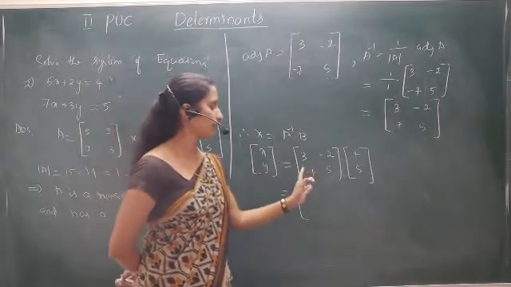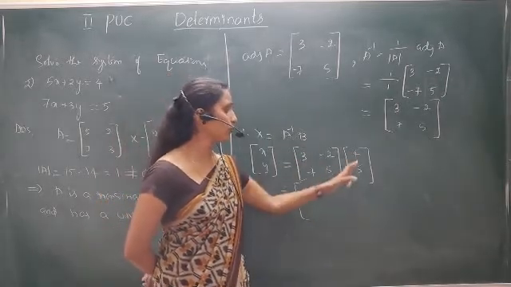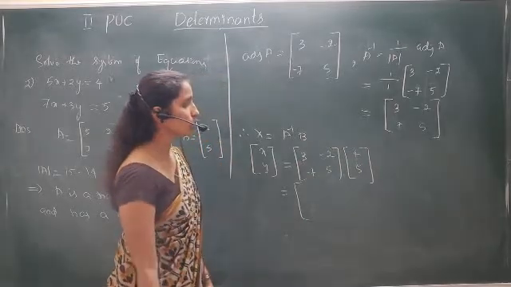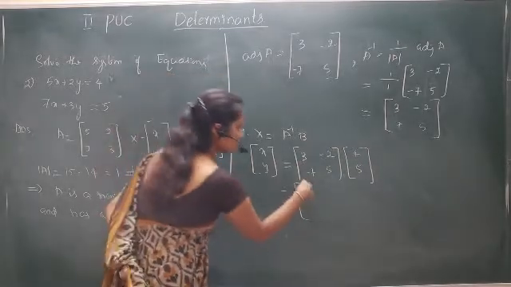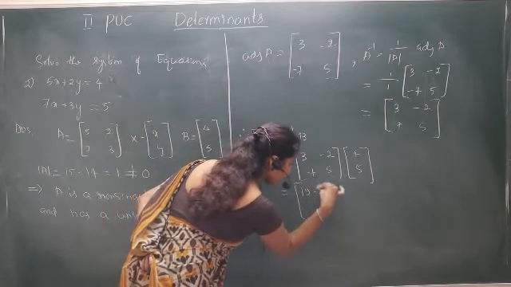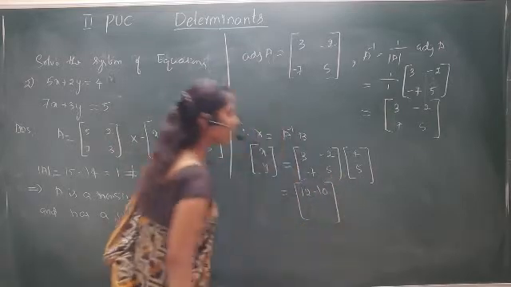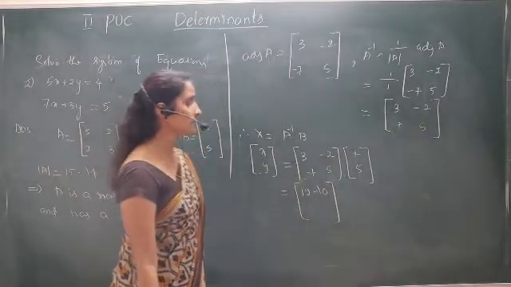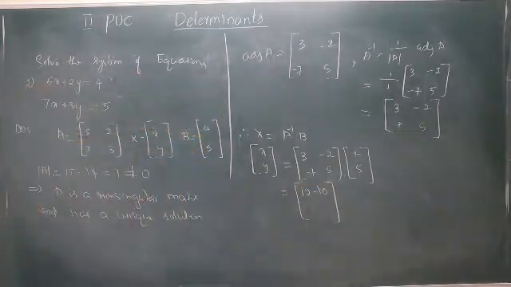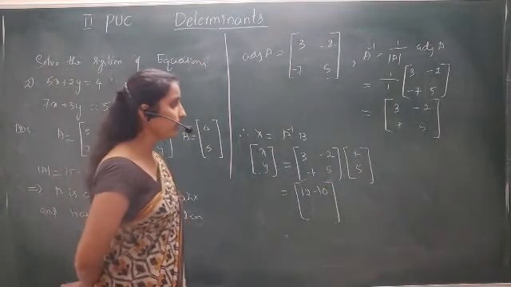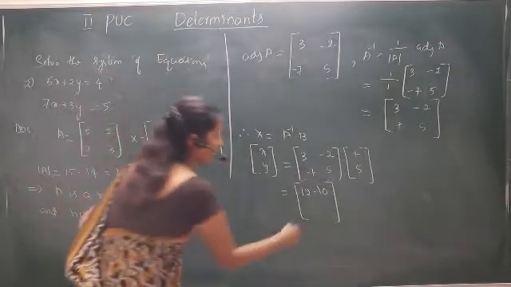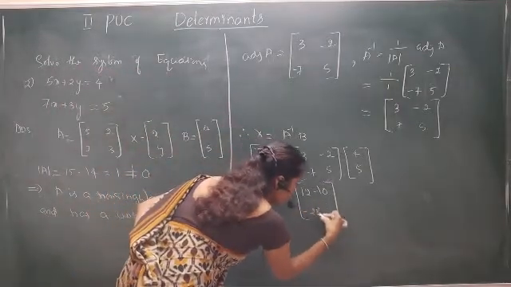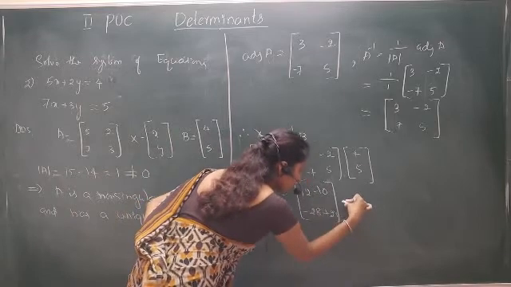Now it's a multiplication: first row and first column. 3 into 4 is 12, then minus 2 into 5 is minus 10, so 12 minus 10. Then the second row and first column: minus 7 into 4 is minus 28, plus 25, so minus 28 plus 25.